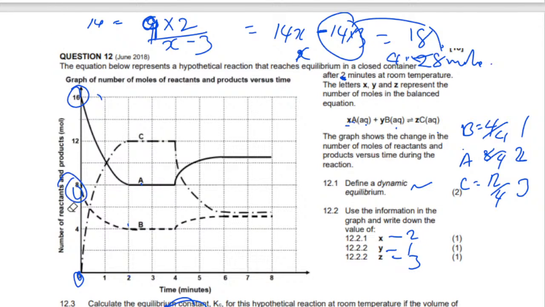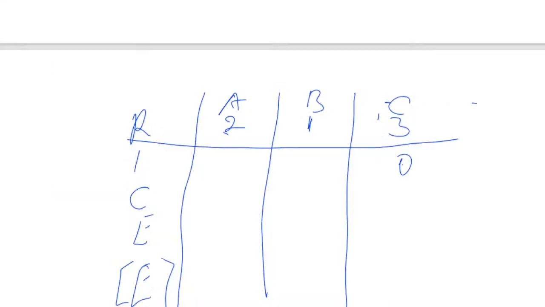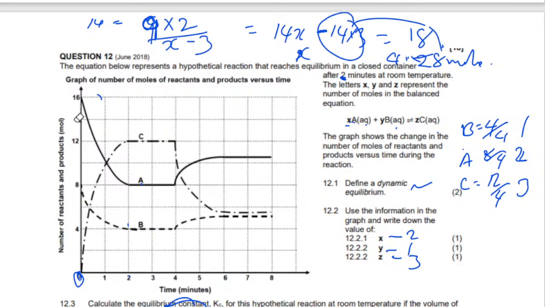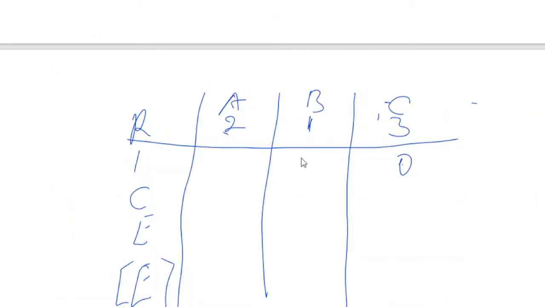Let me just show you properly. You see? So it's simple there. B is 8, A is 16. Now I know that.